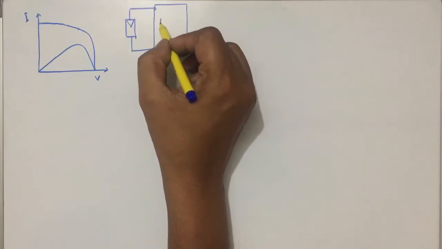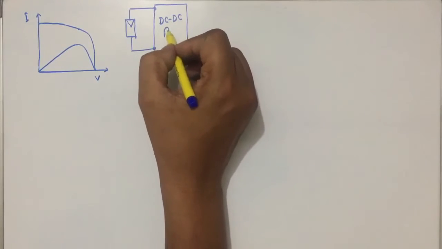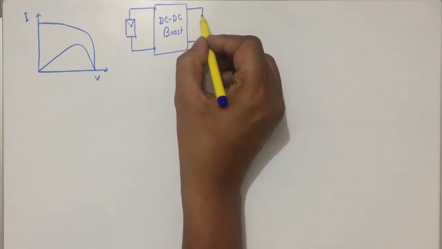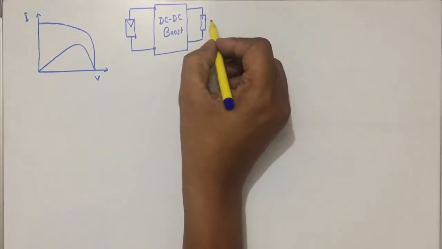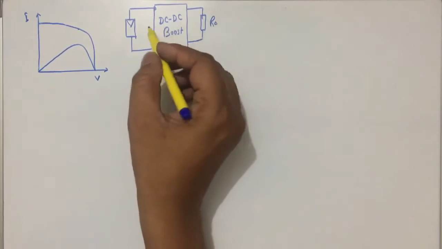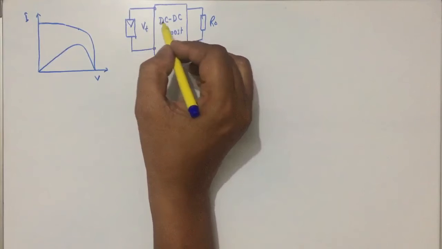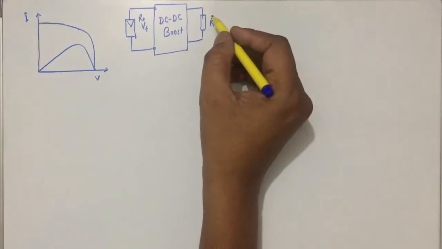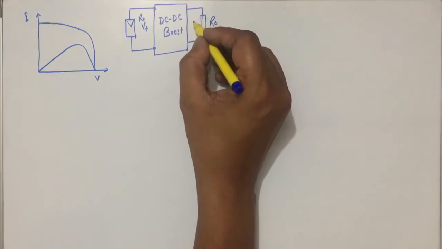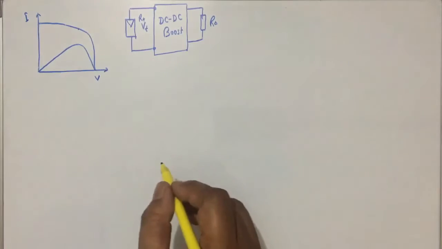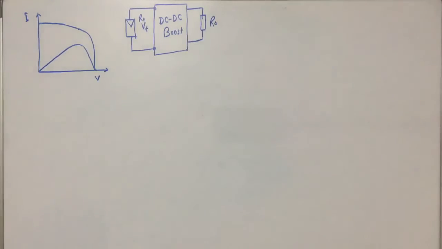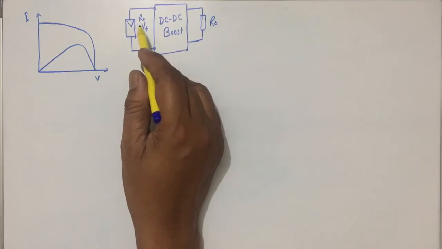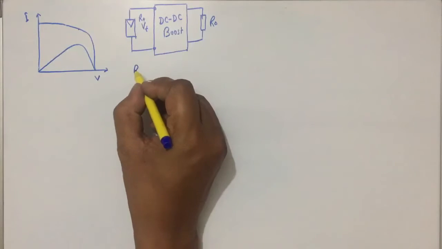Power interface unit was DC to DC boost converter, and at the load terminal the load was R0, and this was VT, corresponding the input side resistance or impedance was RT, and this is R0. The terminal voltage is V0, the load terminal voltage.